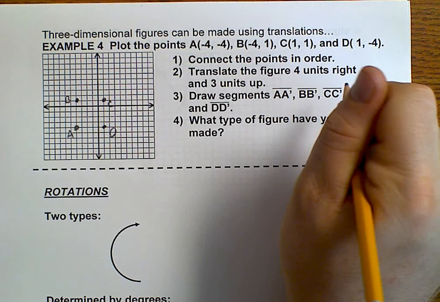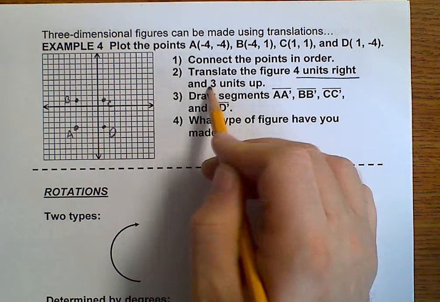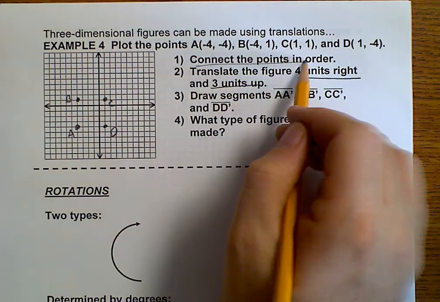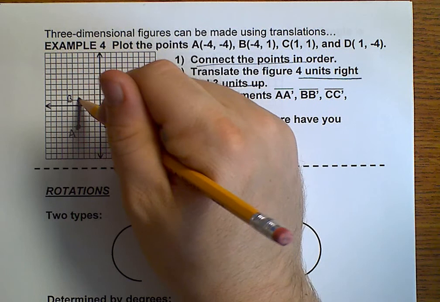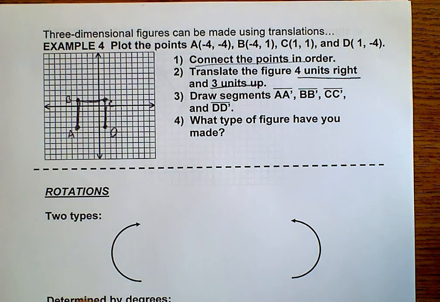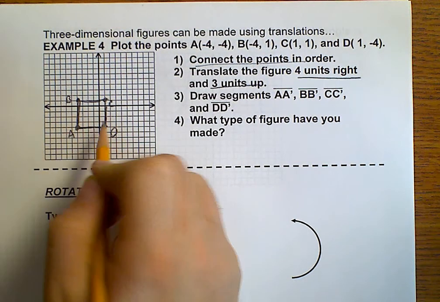So now we're going to translate each figure 4 to the right and 3 up. Oh, sorry, connect the points in order. So A to B to C to D. And we're going to go ahead and also connect that bottom portion.